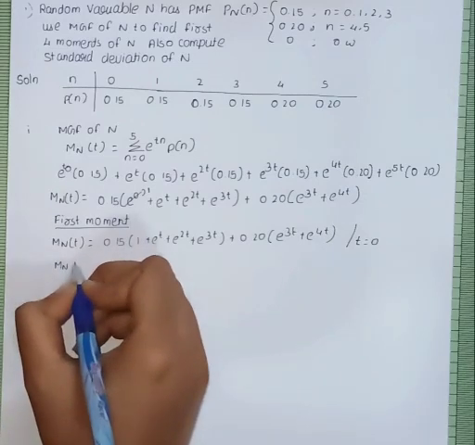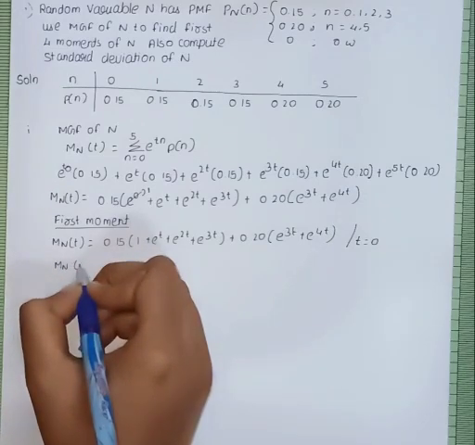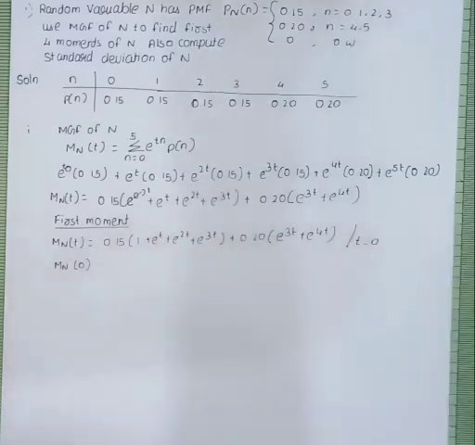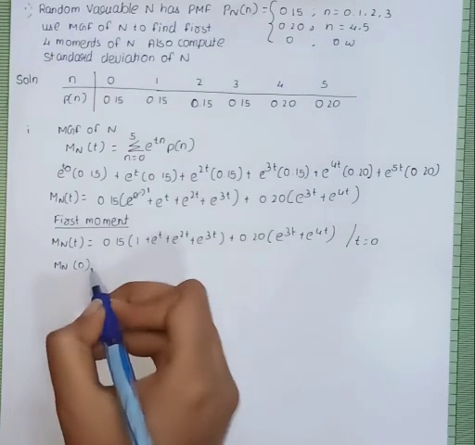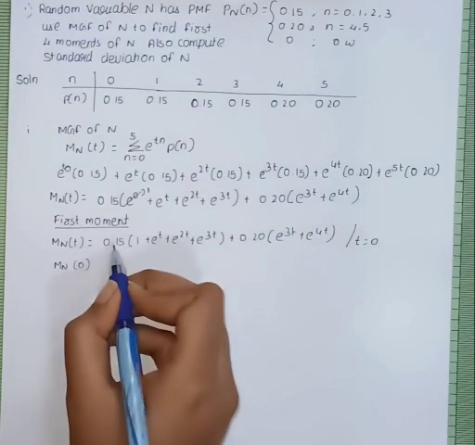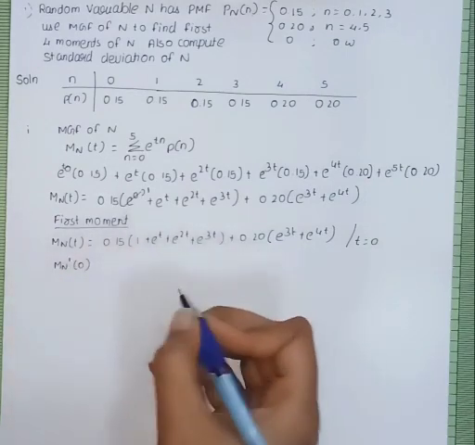So t equals 0, that is M_N of 0. But before M_N of 0 we need to find the derivative, that is M_N dash of 0.